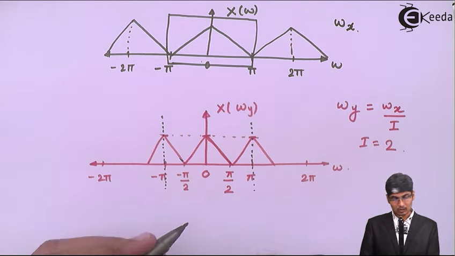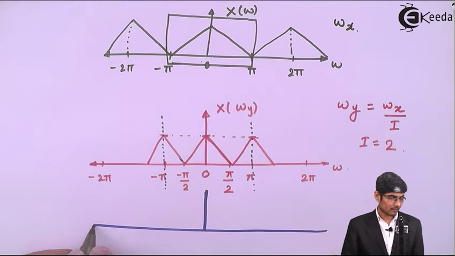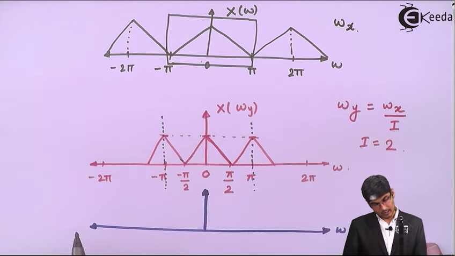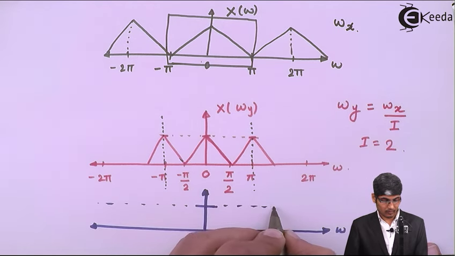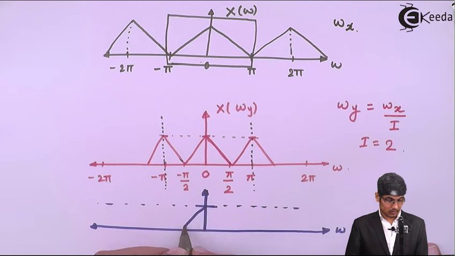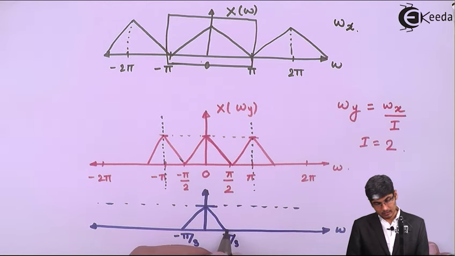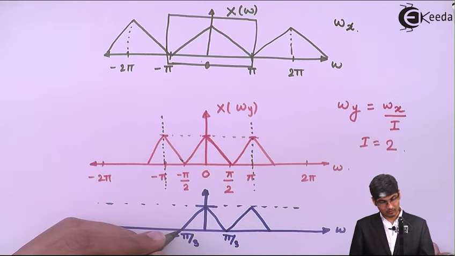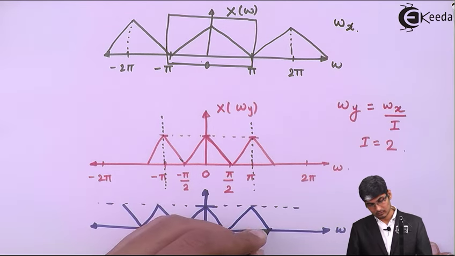So if I draw for the I equal to 3 case, you will get omega over here, X of omega. Now the signal will have from minus pi by 3 to plus pi by 3, then it will have one more set over here and one more set over here, like this.